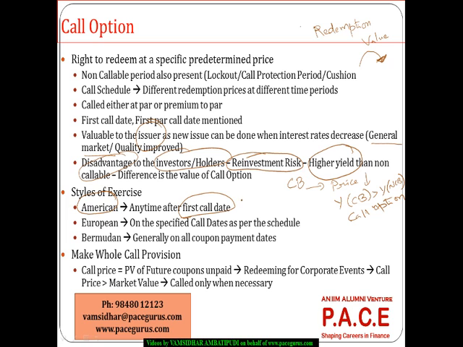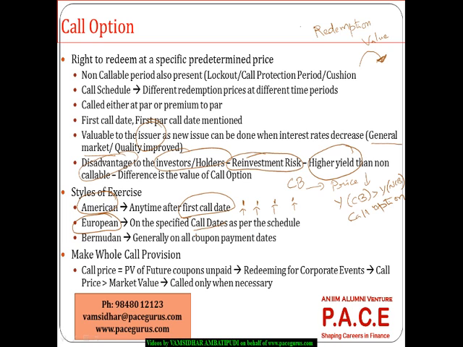So any date after the first call date, the option can be exercised. Whereas if I say the European call option, it's not any date, only as per the schedule. Yes, 5 years, 7 years, 10 years, 12 years. Only on those scheduled days can the European call option be exercised.